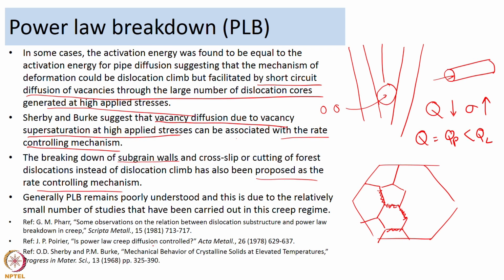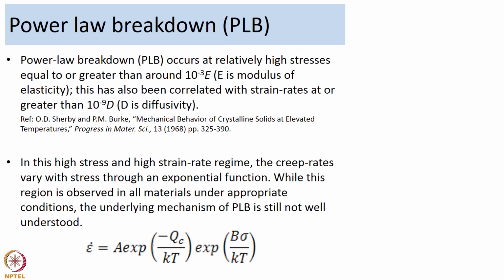However, by and large you can say the mechanism of the power law breakdown regime is poorly understood, and this is due to the relatively small number of studies that have been carried out in this creep regime. So, in a way there is still some work that can be carried out to understand what exactly is the mechanism of deformation in the power law breakdown regime.